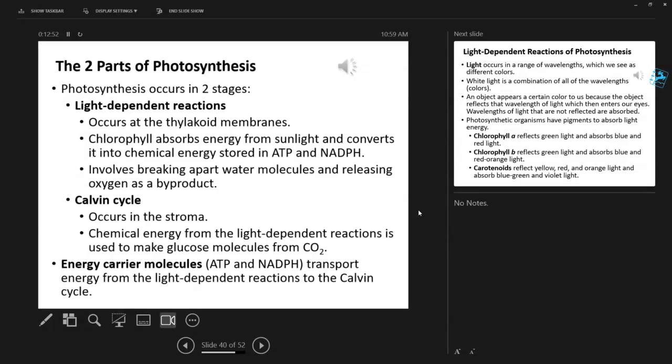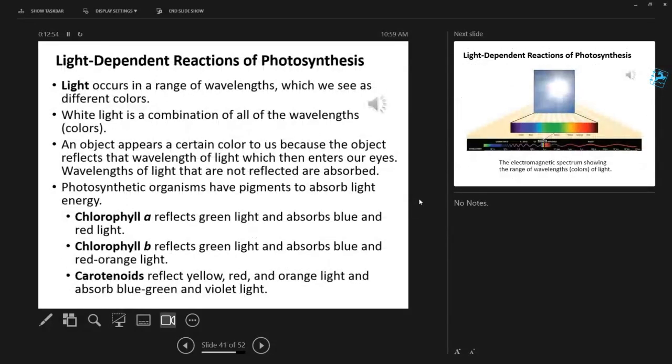But we need to see a little bit how that happens. First of all, what is light? Because it's important to understand what light is.